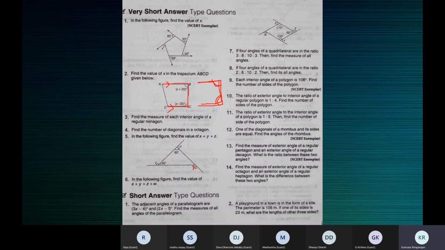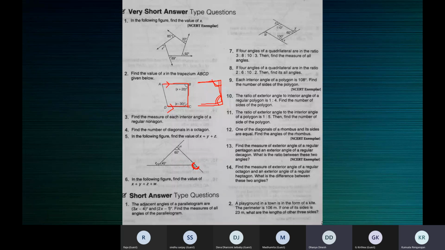Now, is y an exterior angle? Yes, ma'am. Okay, then this is the interior angle, right? This is the triangle. In this triangle, this is the exterior angle. Now, how many interior angles does a triangle have? Three interior angles, ma'am.